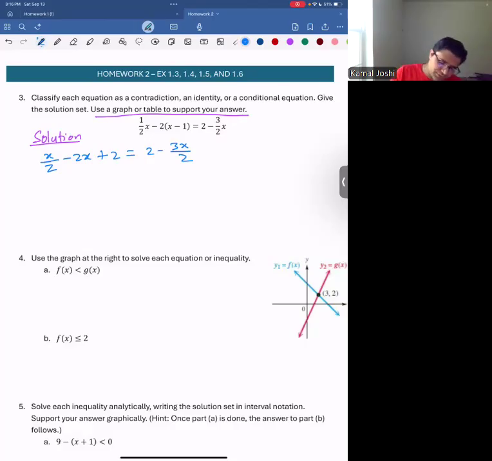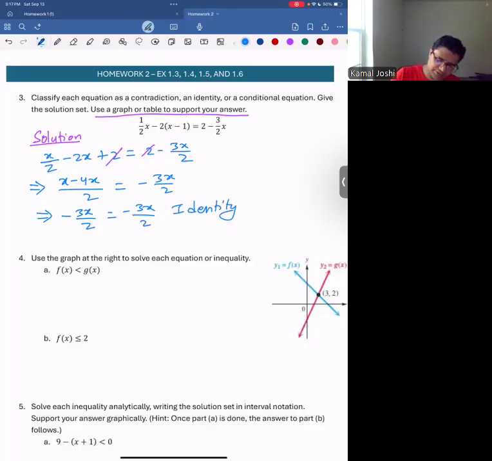Now minus 2 and plus 2 can cancel. And you can check here easily that if you take a common denominator here, it will become x minus 4x over 2. And you have minus 3x over 2 there. So clearly you get minus 3x over 2 equals minus 3x over 2, which shows that this is an identity.